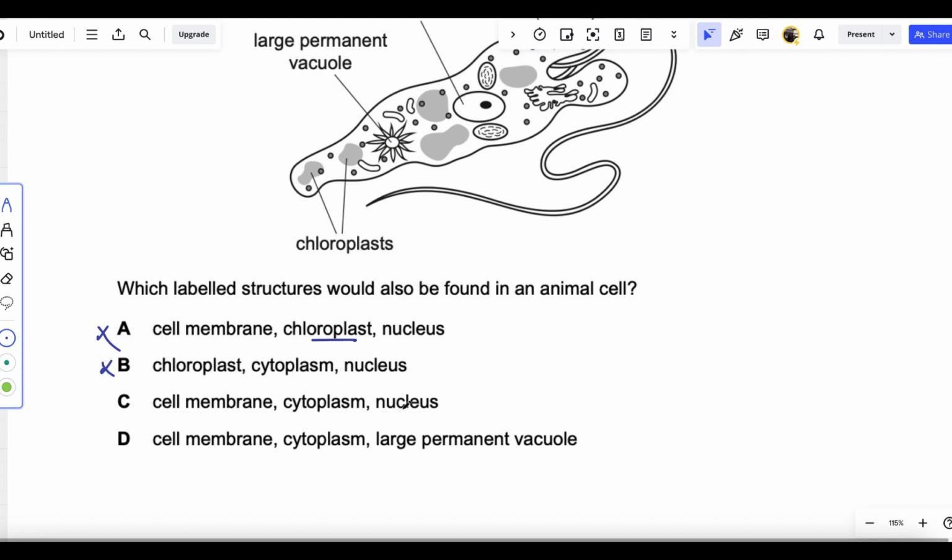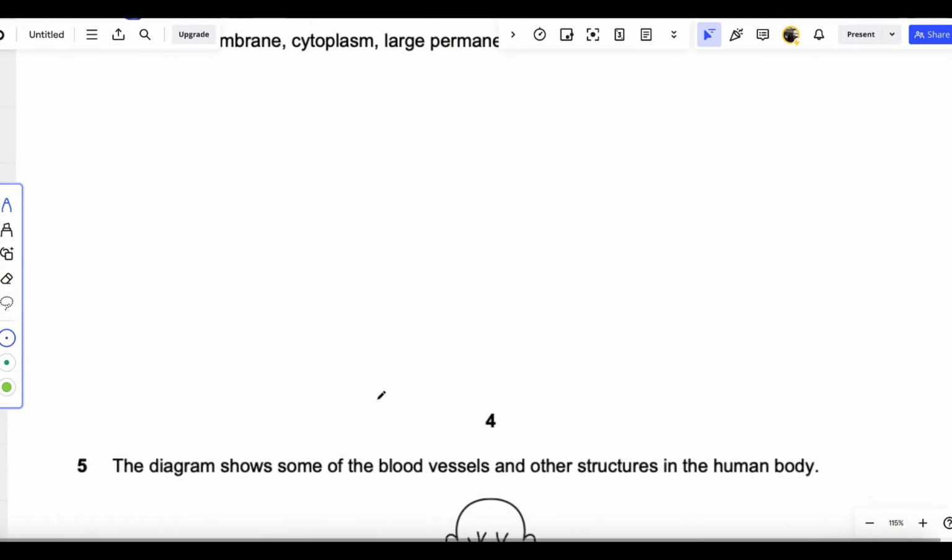Cell membrane, cytoplasm, and nucleus. Yes, all these 3 are found in animal cells. Cell membrane, cytoplasm, large permanent vacuole. Animal cells don't have a large vacuole; they have small vacuoles. So this also becomes wrong. So the most correct answer is C. Okay, we move to the next question quickly.